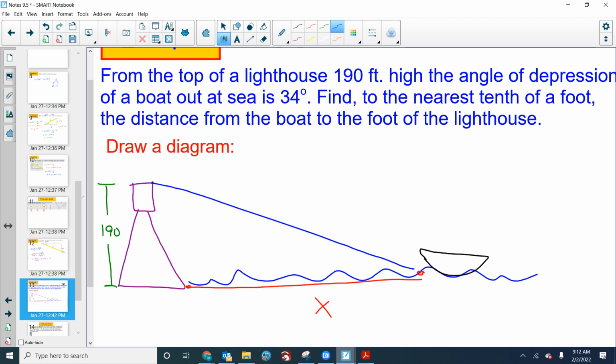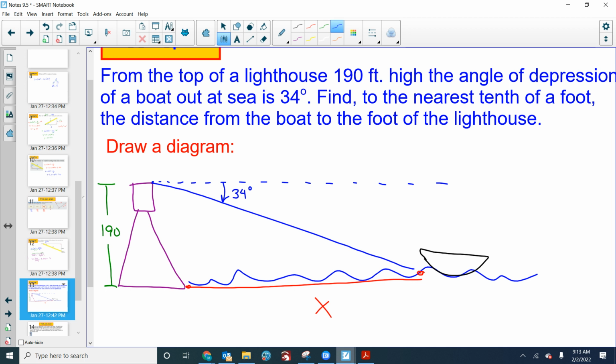Angle of depression. It's always from the imaginary horizontal line going down 34 degrees. I'm warning you right now, that gets messed up all the time.